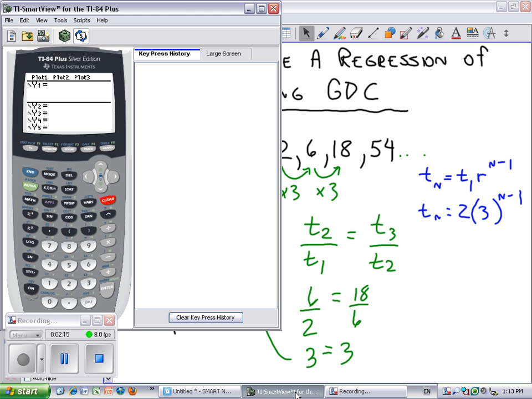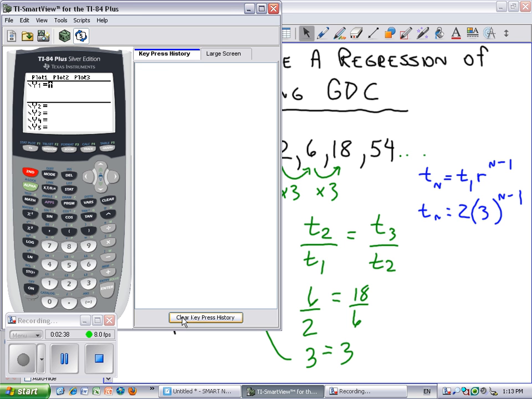So on your graphing calculator, we need to input those values. Notice I have the key press history to my side. So for people like you, Stephanie and Amber, who don't play much video games, you might want to watch that. So press second, press stat, actually, let me clear that.